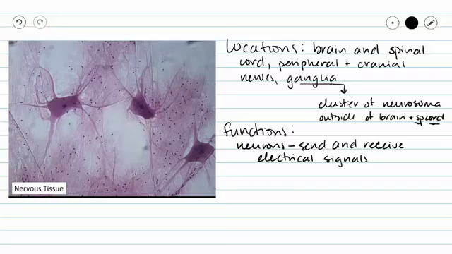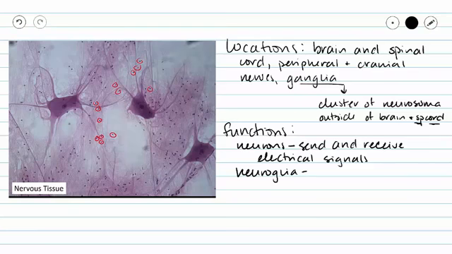Then we have neuroglia. And I didn't point out the neuroglia on our previous page, so let me do that now. All of these little purple dots that we see scattered throughout the tissue, those are our neuroglia.